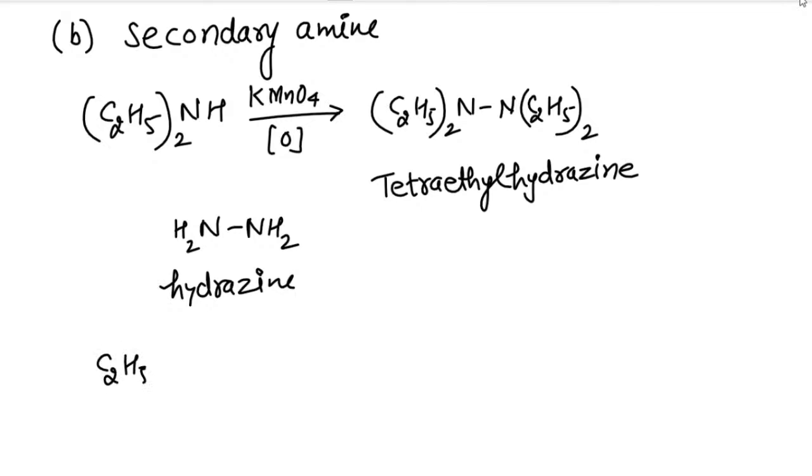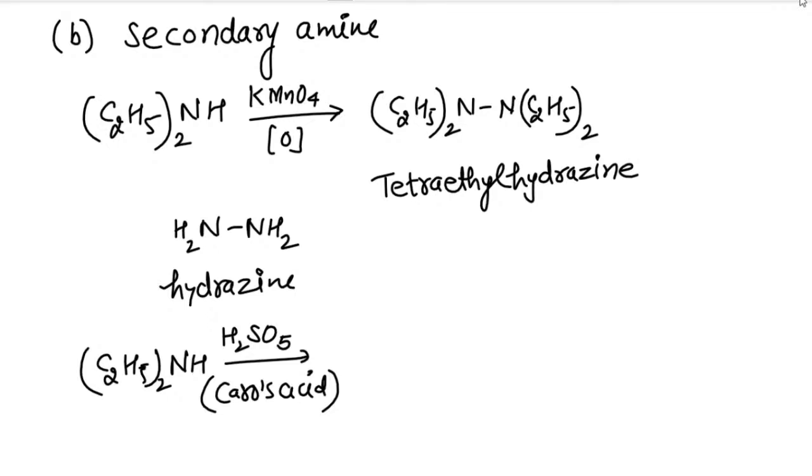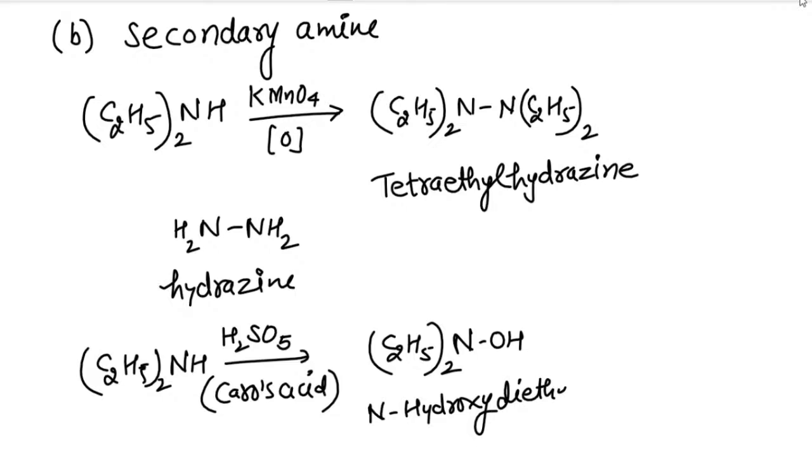And the same diethylamine can be oxidized with Caro's acid. Caro's acid is H2SO5, okay. Then it will give a product like this. This is N-hydroxy diethylamine, right.